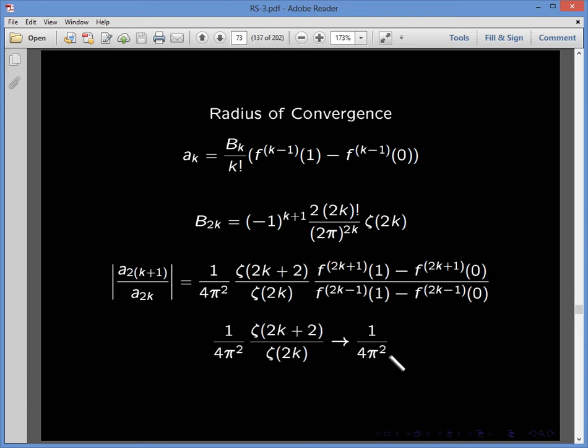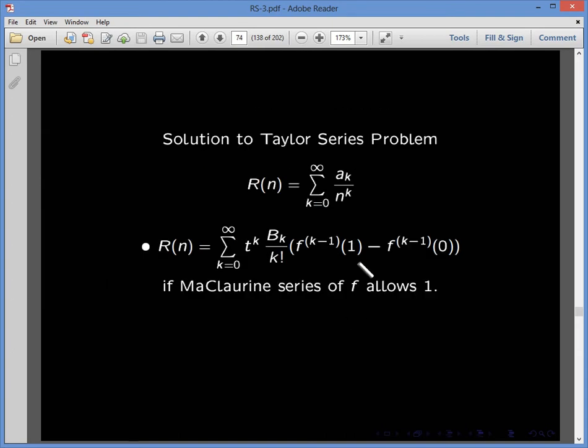Its reciprocal becomes the radius of convergence, but we have no idea what can happen to that. I will explain that with an example, but let's summarize our limitation here. First of all, we want this 1, because of that 1 we're using, we're assuming the Maclaurin series of f allows that 1 in there, and we're just hoping that this doesn't behave crazy so that they converge.